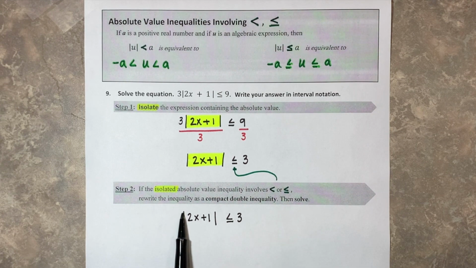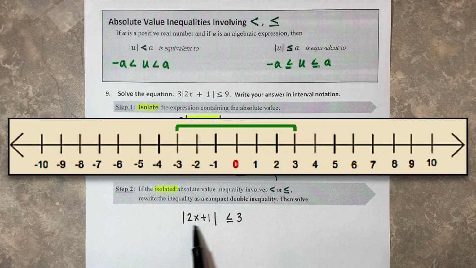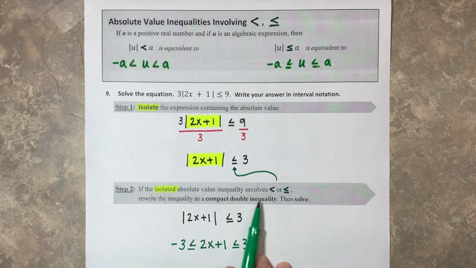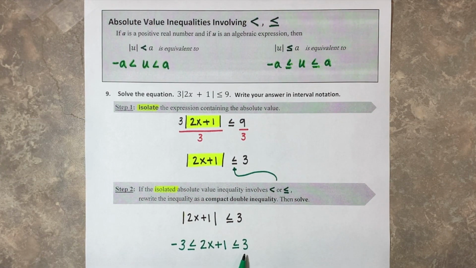So, since we're taking the absolute value of this quantity, that means that this quantity here must have a distance that's less than or equal to 3 units from 0. In order for this quantity to be less than or equal to 3 units from 0, the quantity 2x plus 1 must be between 3 and negative 3. So this is the compact double inequality that we write.